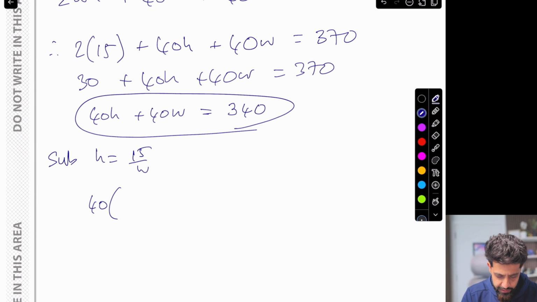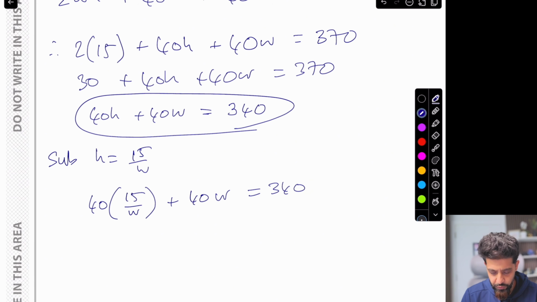So we have 40 times by 15 over W plus 40W is equal to 340. Now we have everything in terms of W, you see? So 40 times by 15. 4 times by 15 is 60. Add a 0. So you get 600 over W plus 40W is equal to 340.